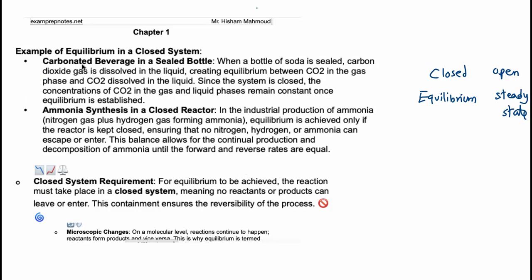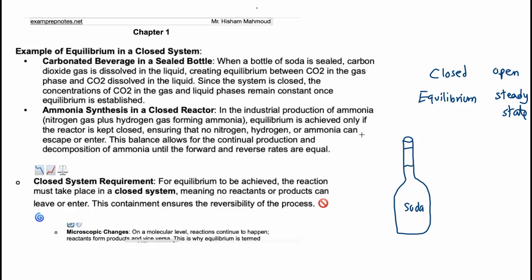An example of equilibrium in a closed system is a carbonated beverage in a sealed bottle. I have a bottle of any beverage, and when the bottle is sealed, the carbon dioxide gas is dissolved in the liquid, and this makes an equilibrium between the carbon dioxide in the gas phase and the carbon dioxide in the liquid.